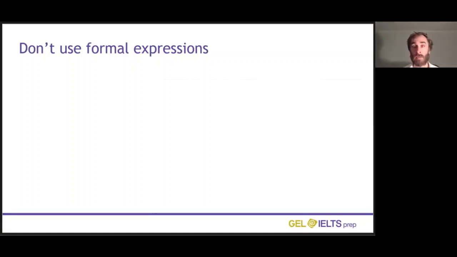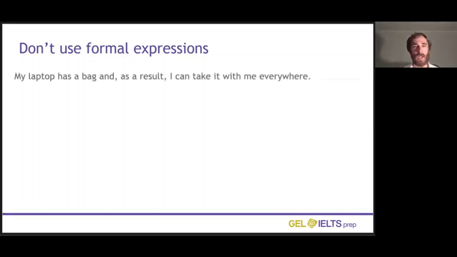We're going to look at some examples of formal expressions and see if we can think of more informal equivalents. My laptop has a bag, and as a result, I can take it with me everywhere. Let's focus on the expression as a result. Can we think of a synonym which is less formal for as a result?